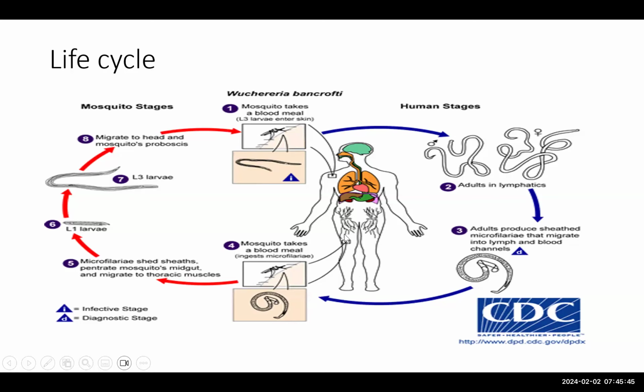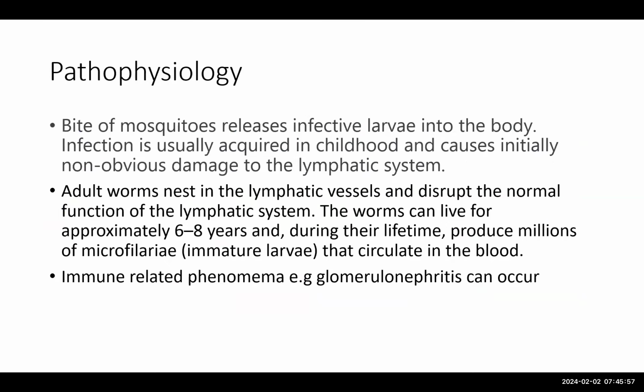When a mosquito bites the person, they take up this microfilaria L1 stage, which matures within the mosquito and migrates to its proboscis, so that when it bites somebody else, it's deposited into a new person, and that starts infection.